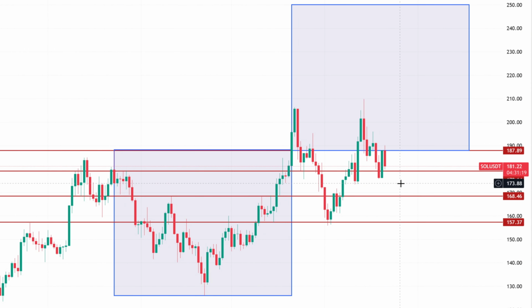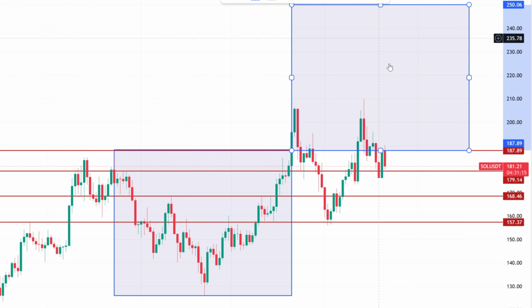So if we would be super strict, that would mean that the $250 price target would be invalidated right now. But usually what I do when we have this big time window, so here we have almost 2 months, that means that sometimes we are just getting back in there like 3, 4, 5 days later, and that is okay.